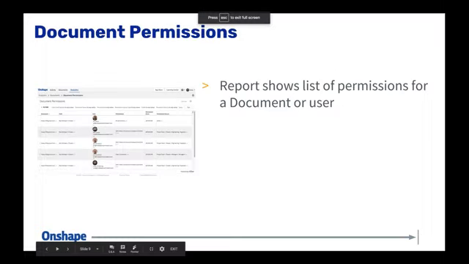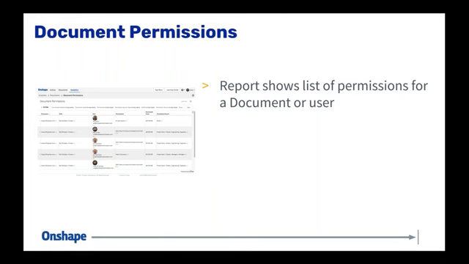This is another question that comes up often, is how can I see a list of everyone that's shared into a specific document and the permissions that they have in that document, right? And that is document permissions. It's essentially a report of all the permissions associated with whatever document you specify, or at the highest level, all documents, if you leave that field open.